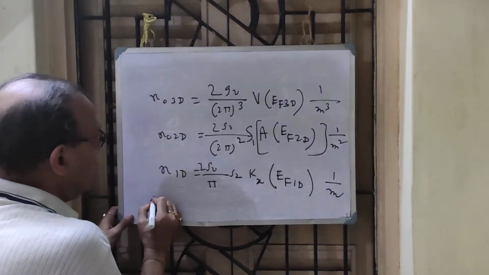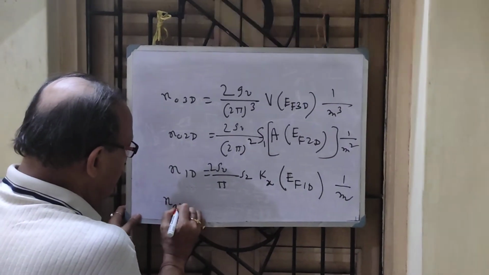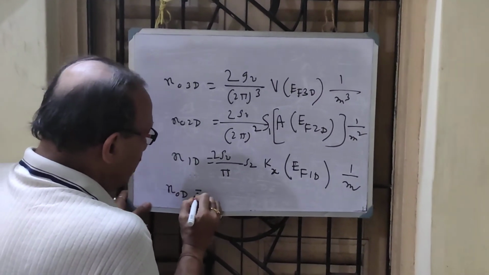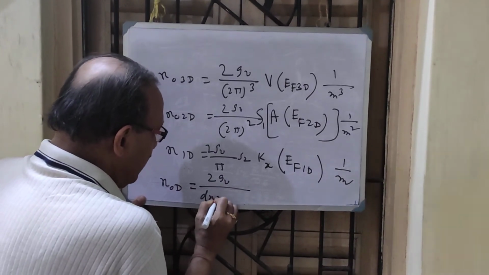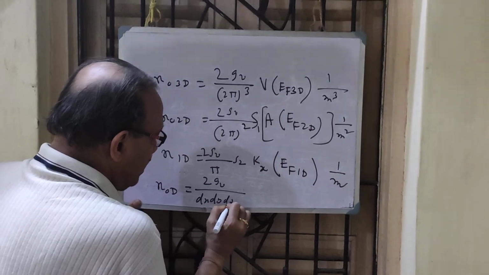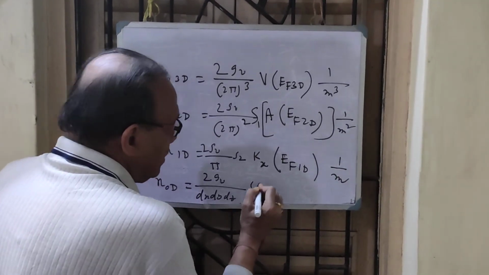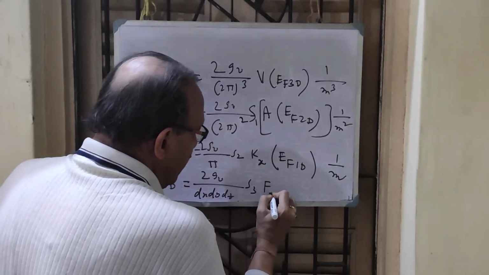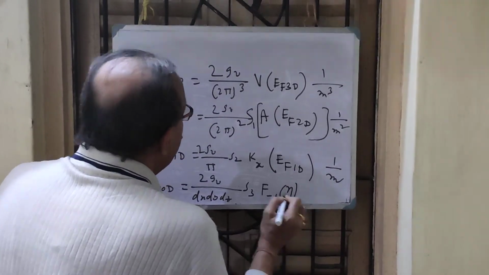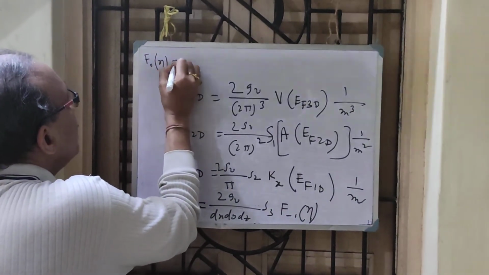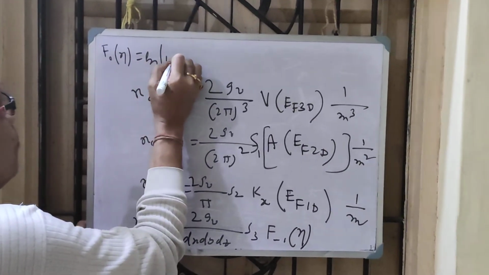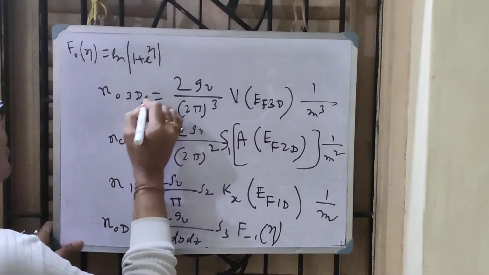And for 0D, that is your quantum dot, 2 g_v by dx dy dz, sum over the 3, F minus 1 eta, where F naught eta equal to ln 1 plus e to the power eta.